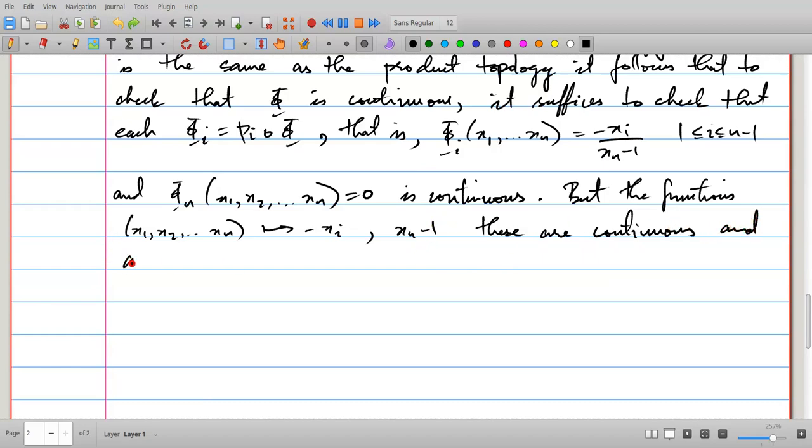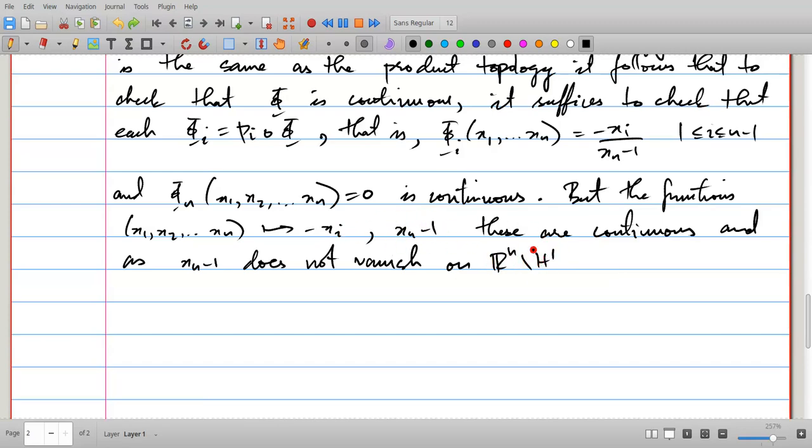And as xn minus 1 does not vanish on Rn minus h prime, these are continuous on Rn and therefore they are continuous on Rn minus h prime.